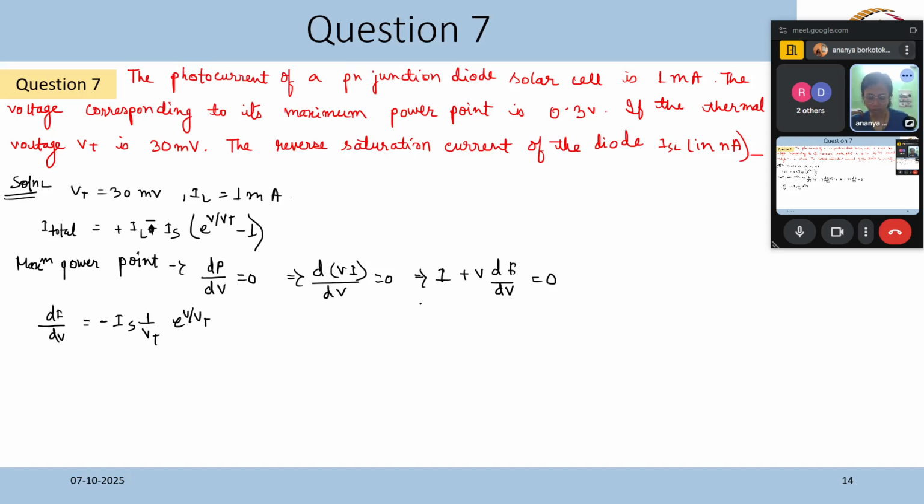So in this expression it will be I minus V into IS by Vt exponential V by Vt equals 0.